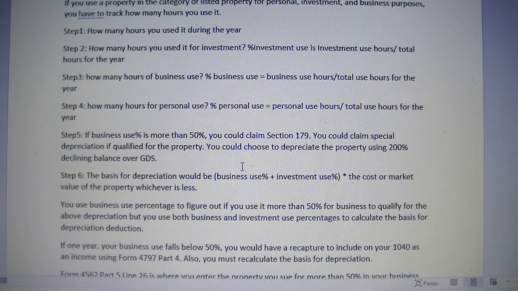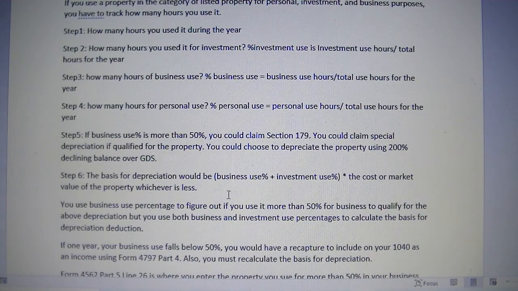So you use the business use percentage to calculate whether you use it for business more than 50%, to see if you qualify for Section 179, if the property qualifies, if you could claim it, and to know what line you will put the information on.